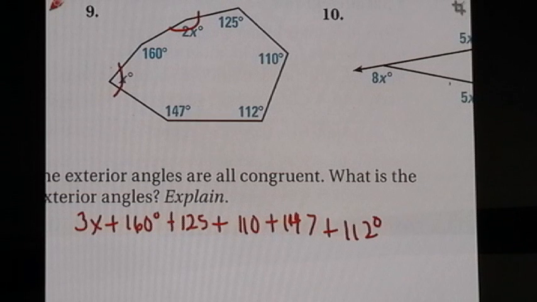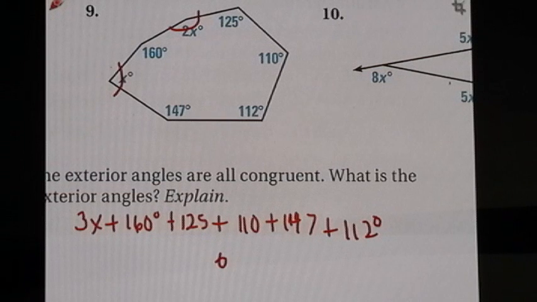So 160 plus 125 plus 110 plus 112 plus 147 equals 654. I'm going to write that down and double check it. 3x plus 654. And what does it have to equal?